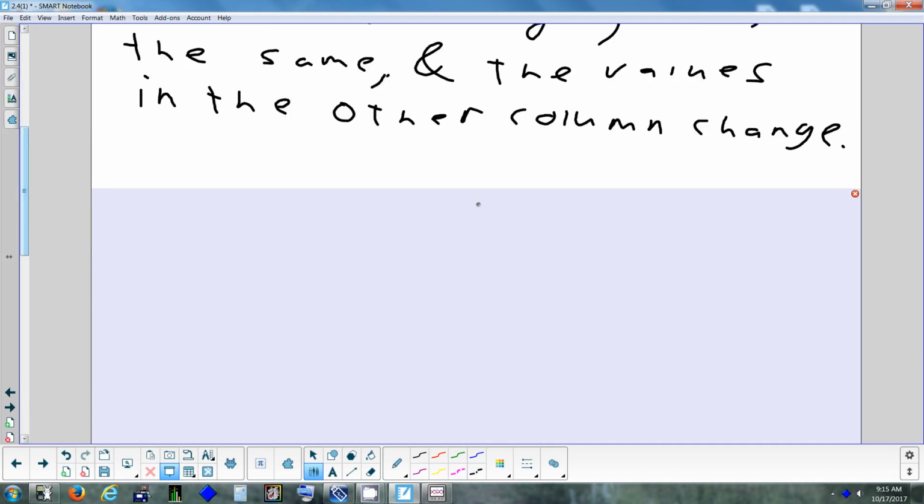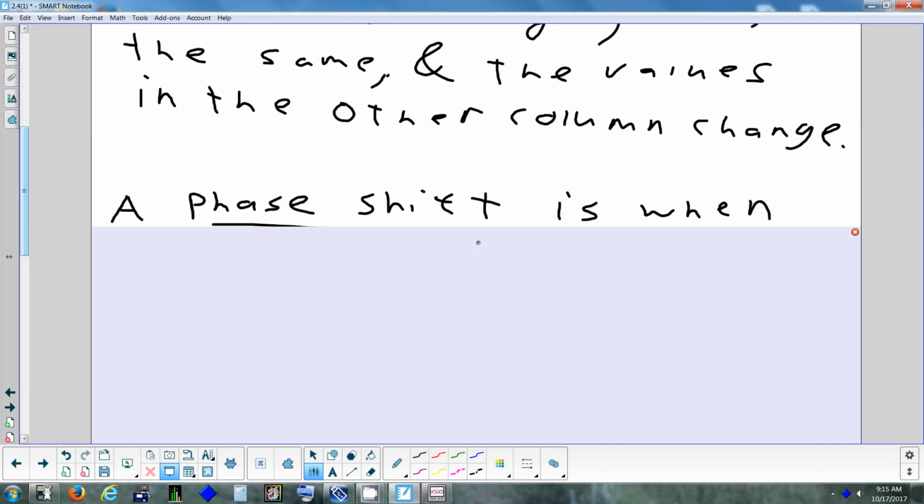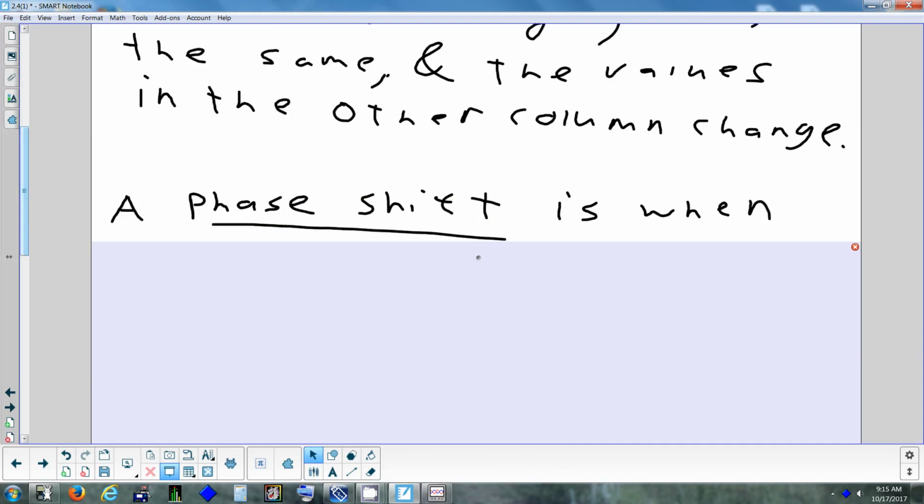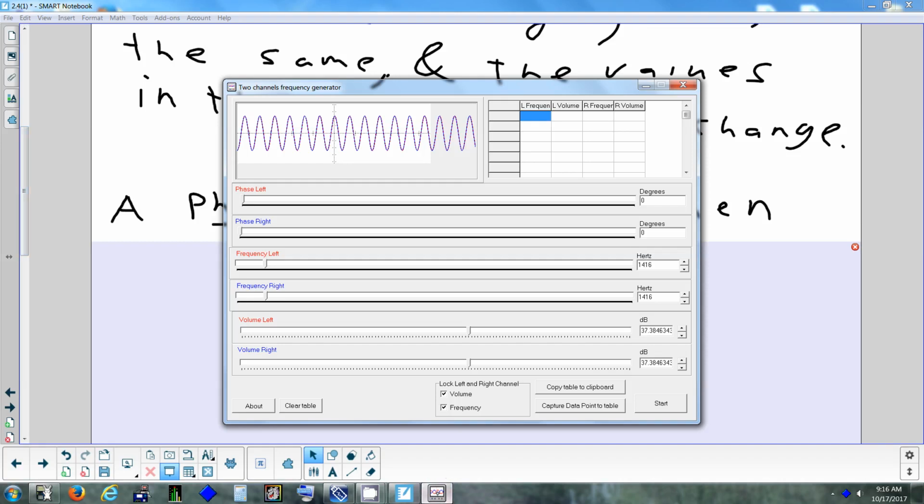All right, so that's kind of the general background information about sine and cosine. Now, specifically, I'm going to focus on one transformation, which is called a phase shift. So a phase shift, easiest way to probably explain is show it to you first, and then we'll write it out.